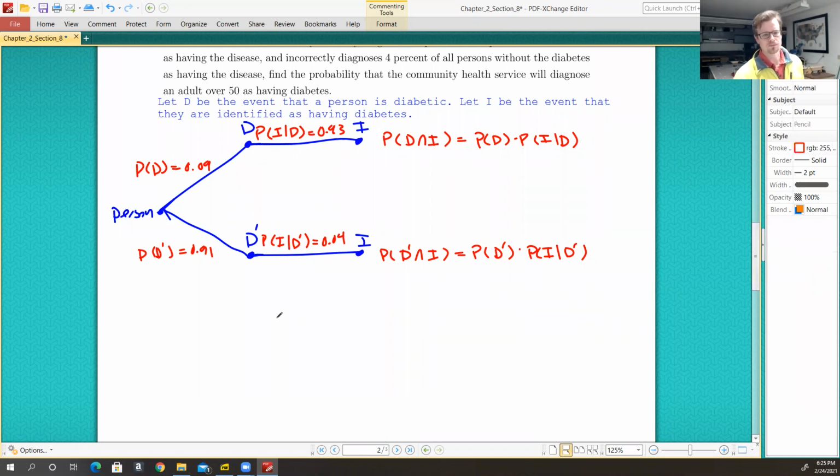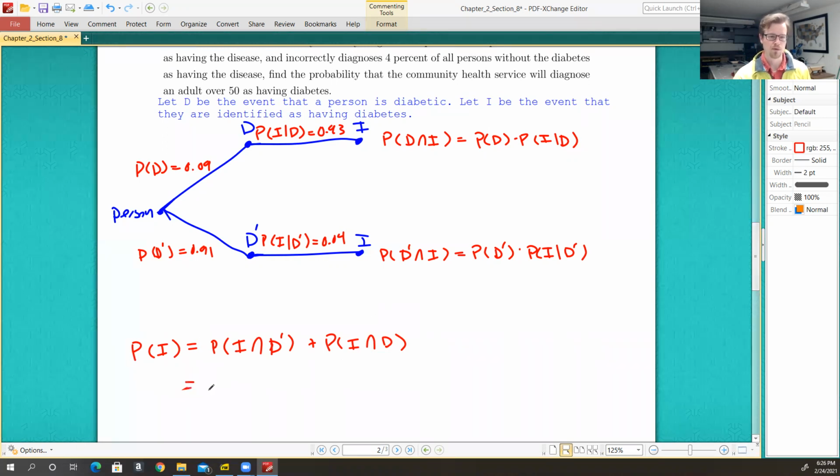Okay, so what's the probability that a community health service will diagnose an adult as having diabetes? Well, the probability that someone is going to be identified with it is the probability that they're identified as having it and don't have it, plus the probability of being identified as having it and do actually have it.